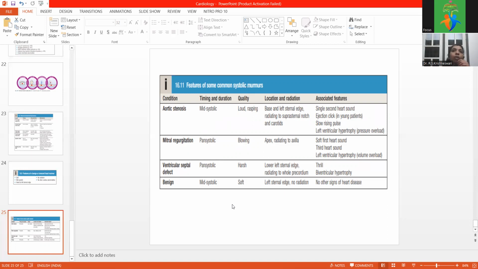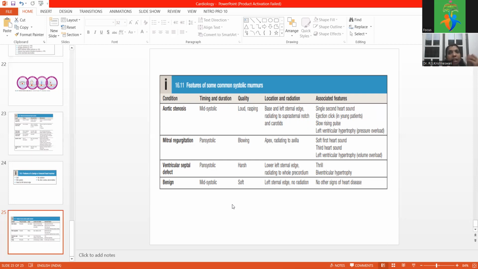Remember, the most important valves working in our heart are the aortic valve and the pulmonary. Is it so? No, the aortic valve and the mitral valve. So it is concerned with the left side of the heart. In case of mitral stenosis and aortic regurgitation, there will be a diastolic murmur.